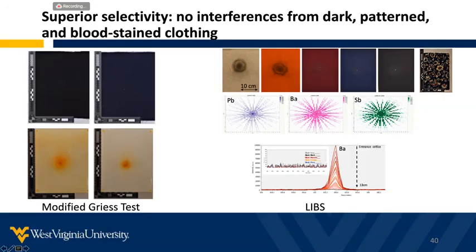We also observe, for example, that some blue and black dyes interfere with the Griess test, while LIPS clearly identifies lead, barium, and antimony with no interference from the fabrics, as observed here in this spectra at the bottom, where you can see the signal for barium in red, and then in the insert of that spectra, you can see that there is no signal coming from the different fabrics that we tested for that barium signal.